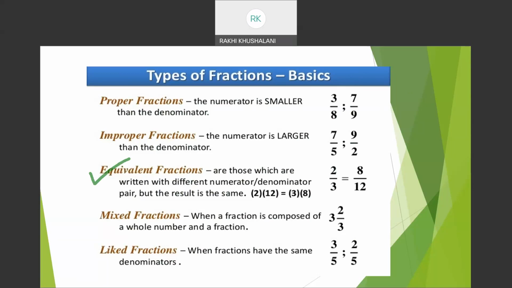You had done equivalent fractions in 4th standard, but yes, there will be a recapitulation, and tomorrow we will do one activity on it.